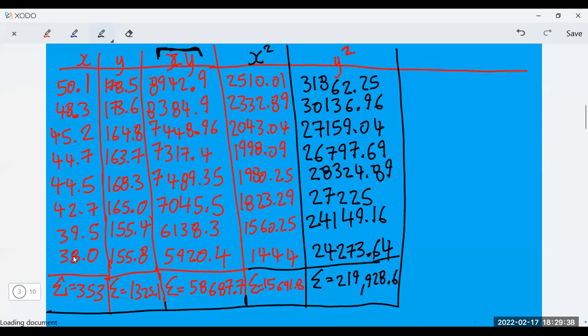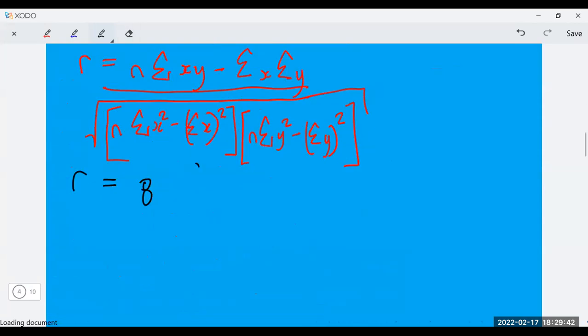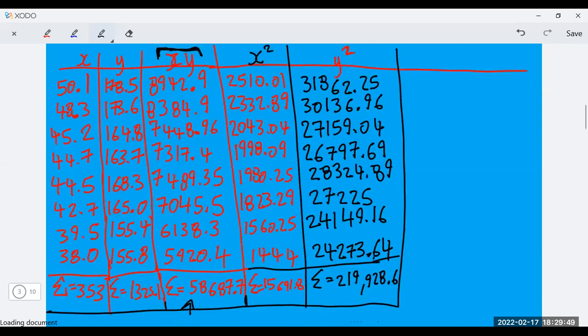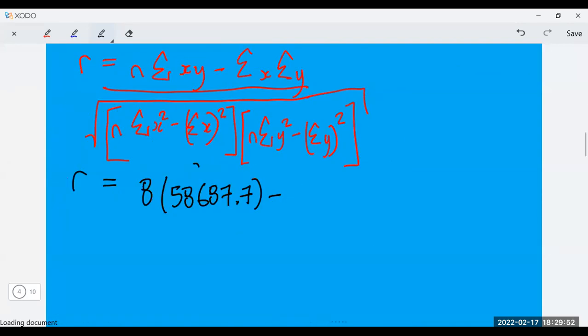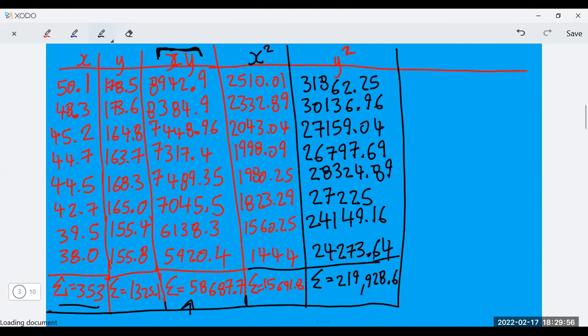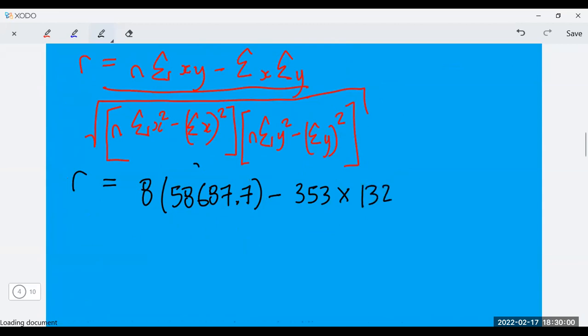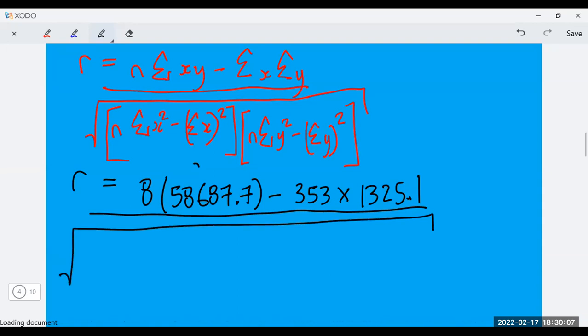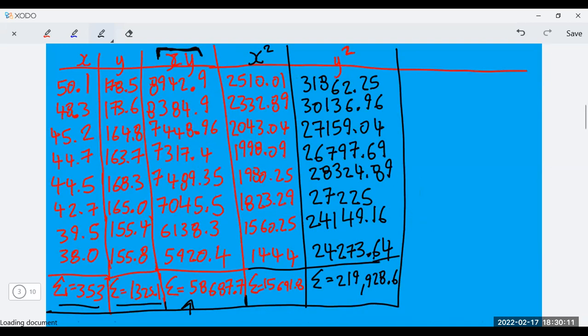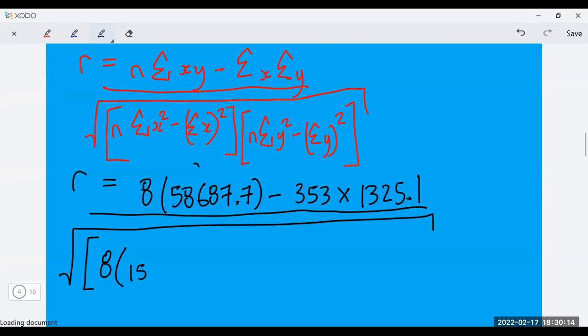So it's 8 times the sum of XY right here, 8 times 58,687.7 minus the sum of X, 353, times the sum of Y, 1325.1, divided by the square root of n. n is, of course, 8 times the sum of X squared, which was 15,691.8. 8 times that minus the sum of X all squared, 353 all squared.